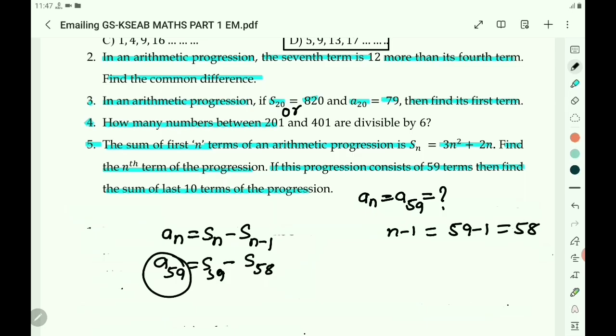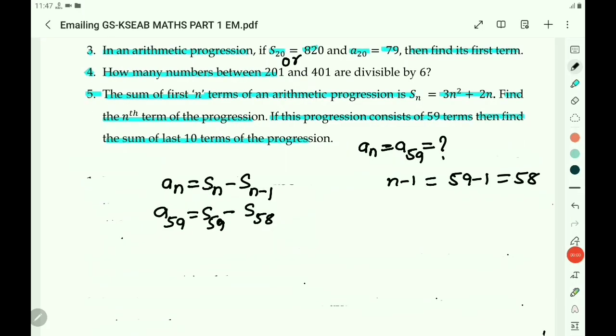So a59 means S59 minus S58. Here Sn equals 3n square plus 2n. By using this, find S59 and S58.